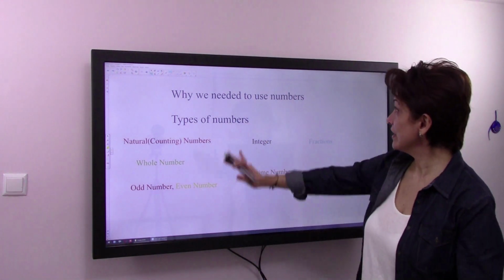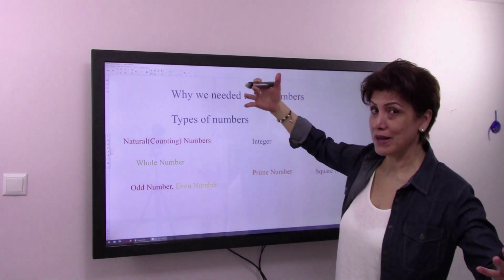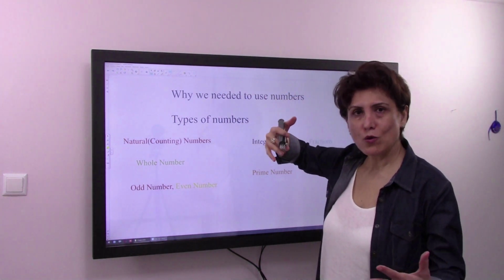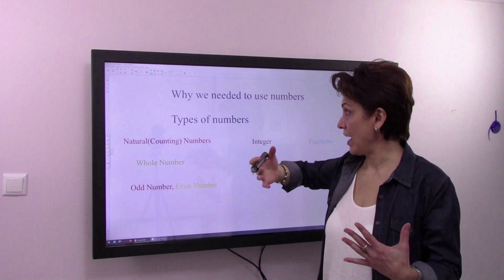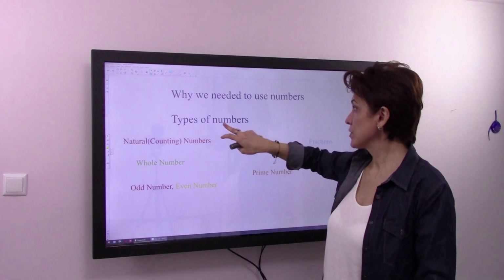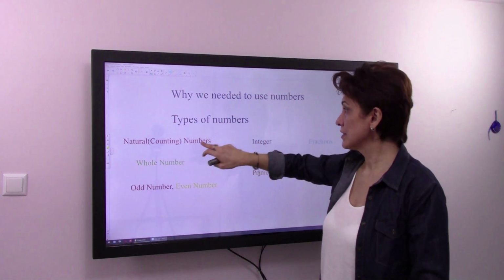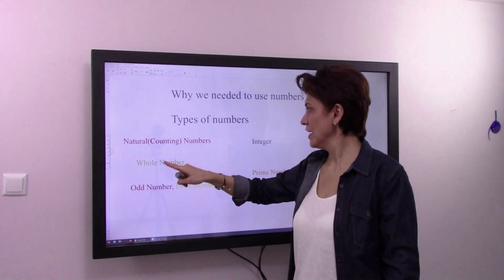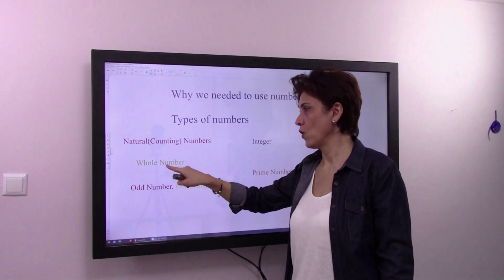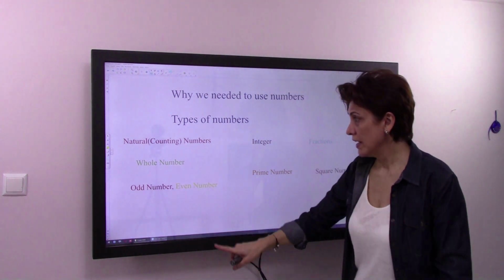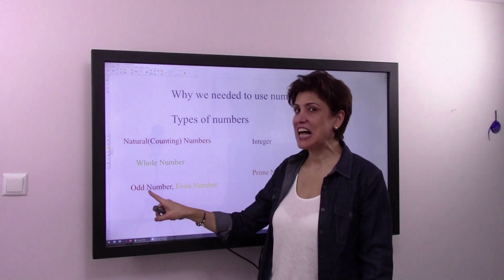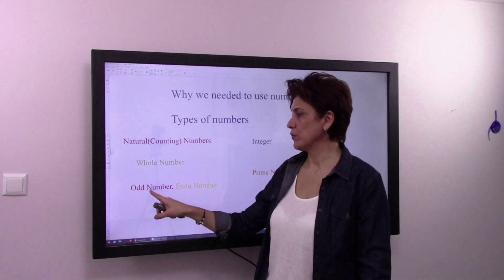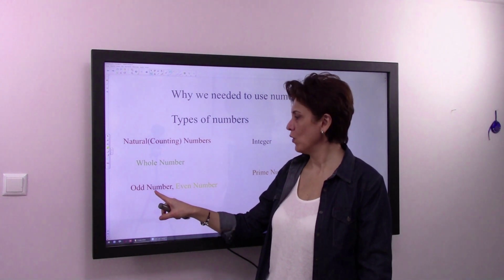What we learned: why we need to use numbers to express quantity of object or situation we have. Which types of numbers we learned: natural numbers, 1, 2, 3, 4 and so on. If we add 0, we get the whole numbers. If we cannot divide exactly by 2, we call it odd.